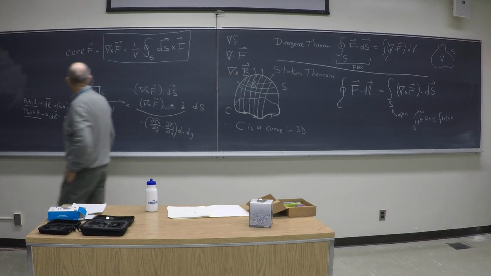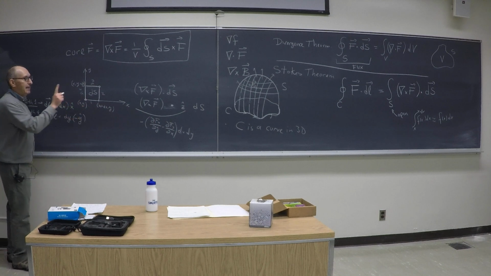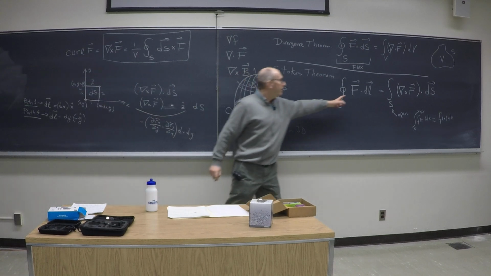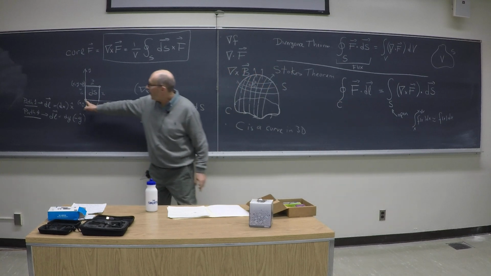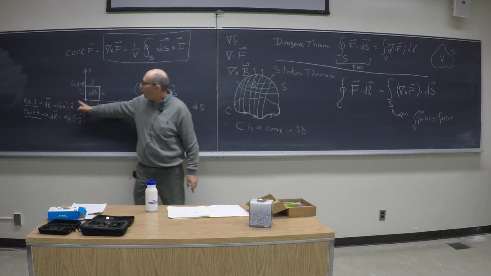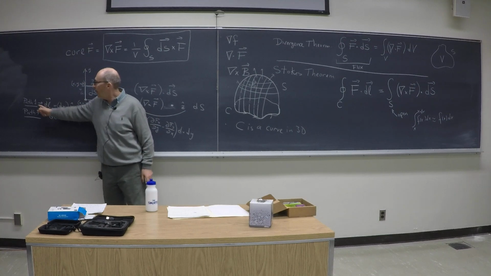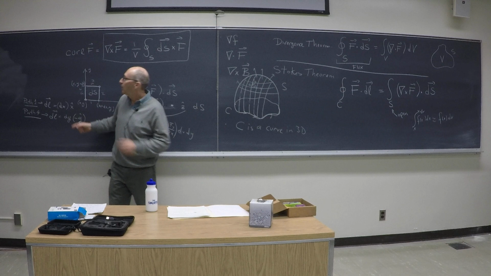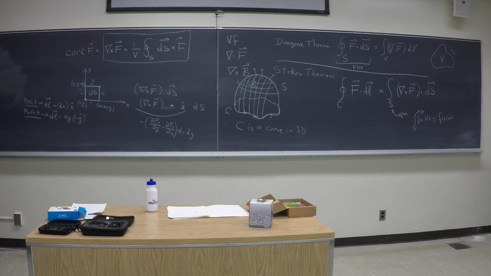Okay, so for 1, we are going to get the dot product between the field f evaluated at xy, dot the dl of path 1, which is dx x. Okay, so I'm going to write that explicitly so you see.